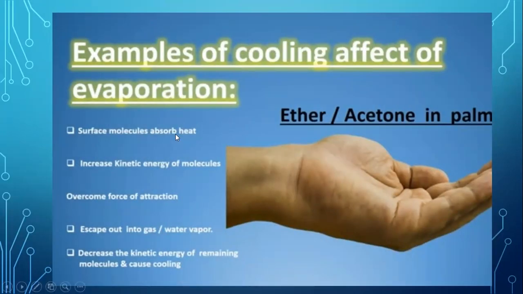Actually, surface molecules absorb heat from our body that increases their kinetic energy, which helps to overcome forces of attraction, and finally these acetone molecules evaporate in the form of vapors. Kinetic energies of the remaining molecules decrease, that is temperature decreases, and finally we feel a cooling effect.